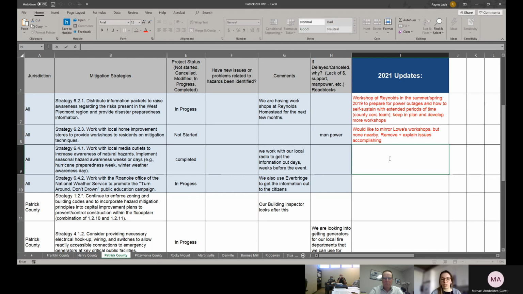So it sounds like you've been working with local radio stations to provide alerts, like when you know something is coming for sure. Have you been able to do any proactive? Yeah, and we also, the county pays for Everbridge software, that if the citizen signs up on it, they will get the alerts as soon as they come out from National Weather. And also we have a local gentleman here that does Patrick County News on Facebook, and he gets that information out also. So it's on social media.